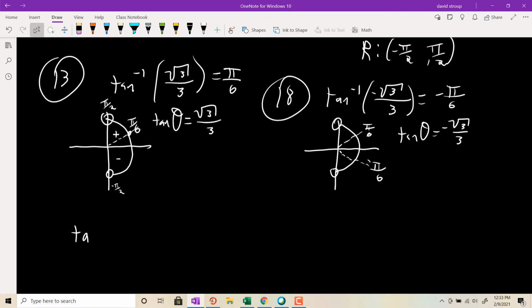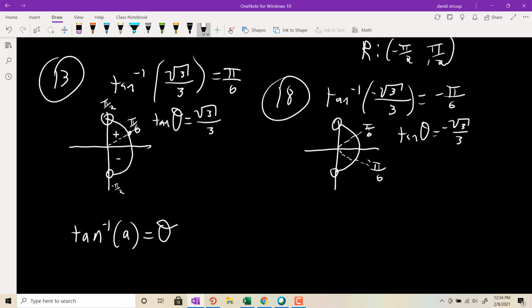So if you have tan inverse of some number, and you're saying it equals some angle, the tan inverse wouldn't actually be an angle in here. That would be some number, the ratio of sides of a right triangle. So I'll just put A, and then the output would be some angle theta.